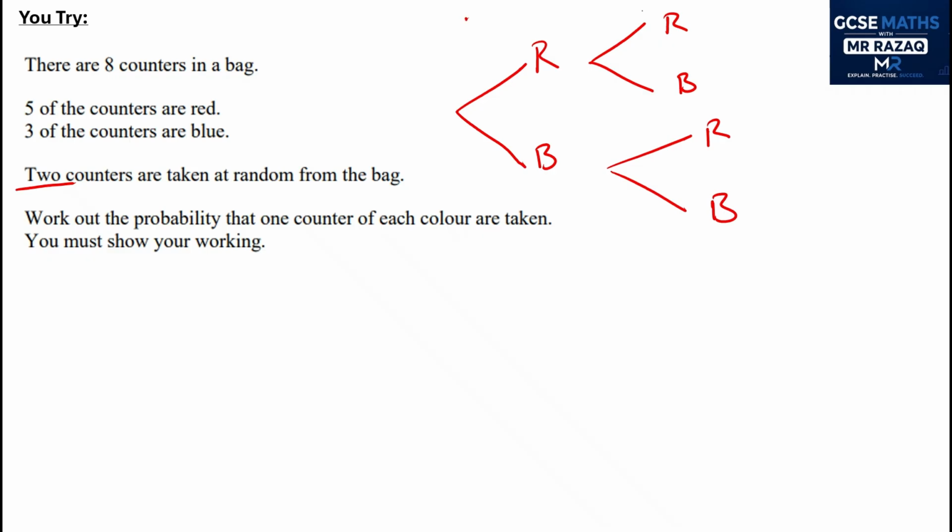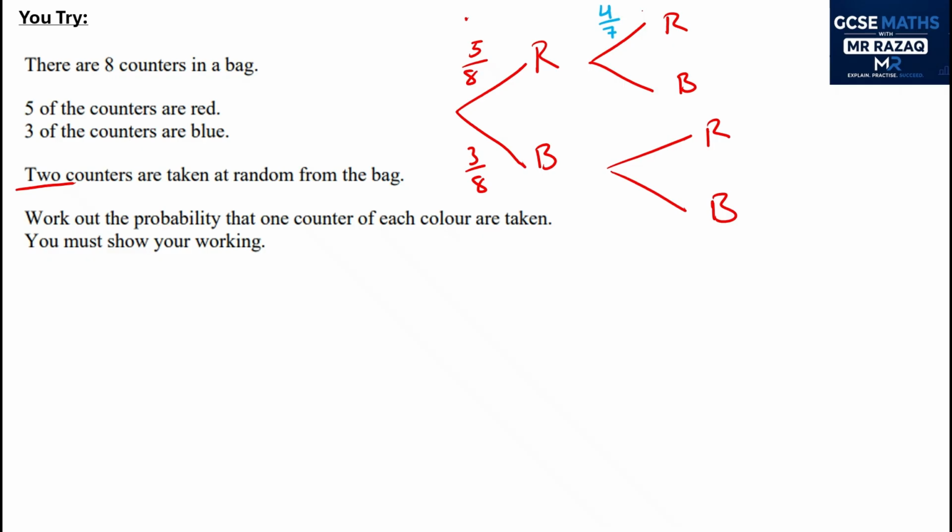And let's add the probabilities now. 5 of the counters are red, so this is 5 out of 8. And 3 are blue, so it would be 3 out of 8. Let's add the probabilities for the second pick. If in the first pick it was red, then this would go down to 4 out of 7.